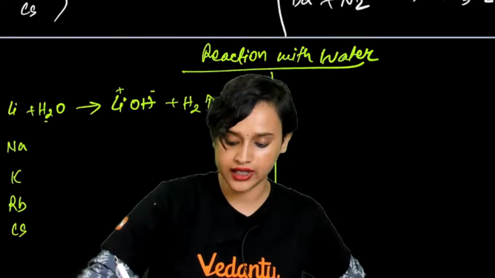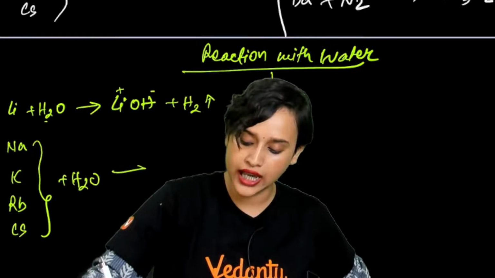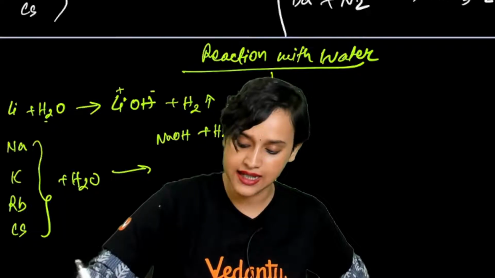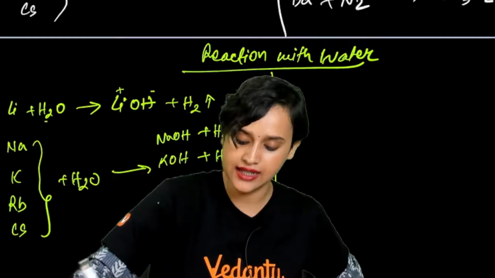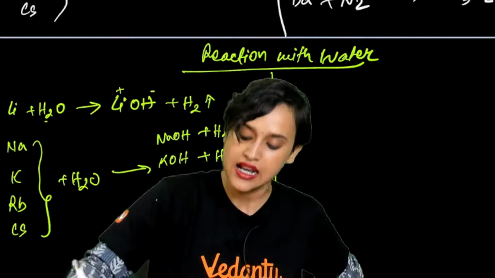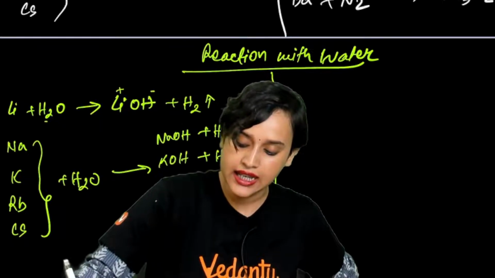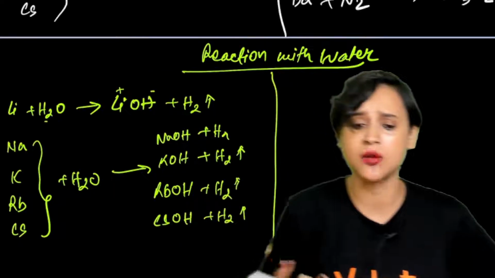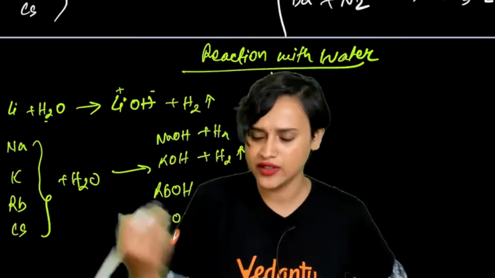When these react with H2O, you will get NaOH plus hydrogen gas, potassium hydroxide plus hydrogen gas, rubidium hydroxide plus H2 gas, and cesium hydroxide plus H2 gas. Is this something I even have to teach you? Everybody knows NaOH, KOH, RbOH, CsOH are very predominant in our laboratories.